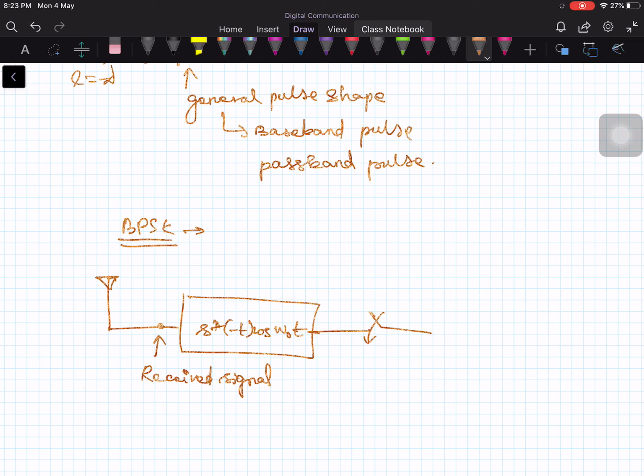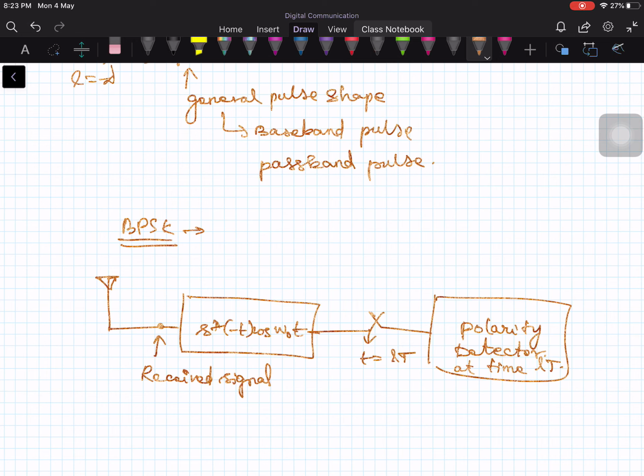You sample this at t is equal to LT and give it to the polarity detector. I am again assuming the phase offset to be 0. The phase is generated by the phase recovery circuit or carrier recovery circuit.